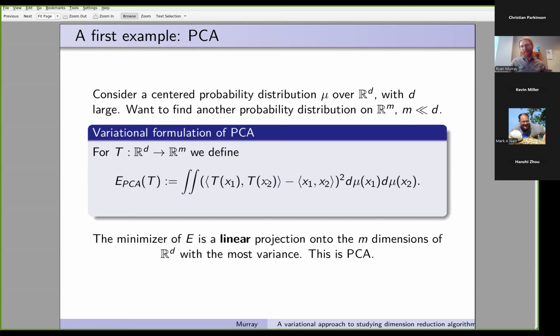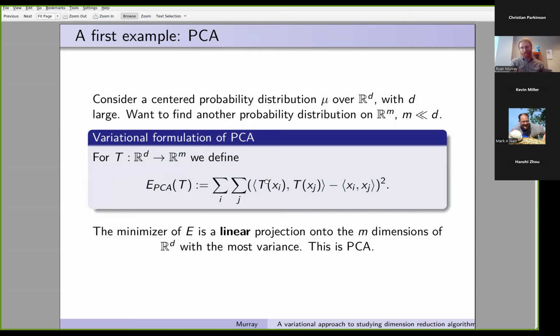This gives us a characterization of the solution, but I like writing it this way because when I start out with this energy, I'm not presupposing anything about T. It's just a function. But it turns out that the necessary conditions for optimality require that T actually be a linear function mapping the high-dimensional space to the low-dimensional space. And on the second slide, I just write that as a double sum, if you prefer to think of it that way.